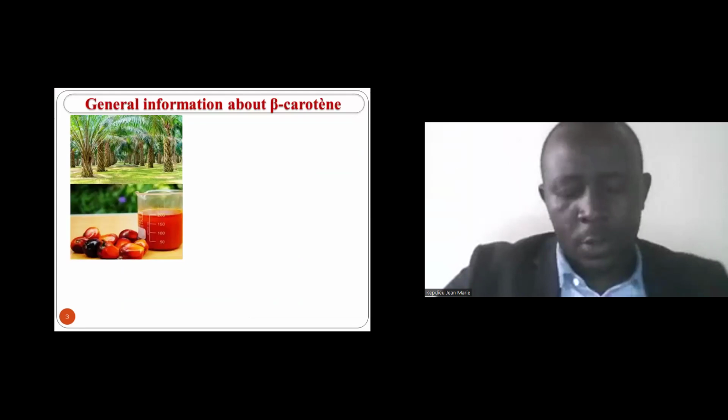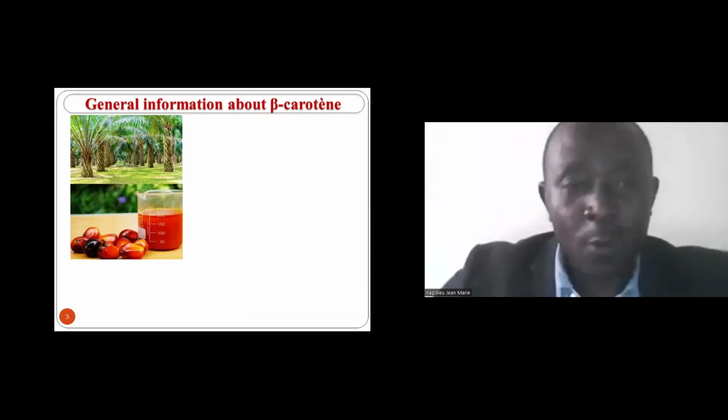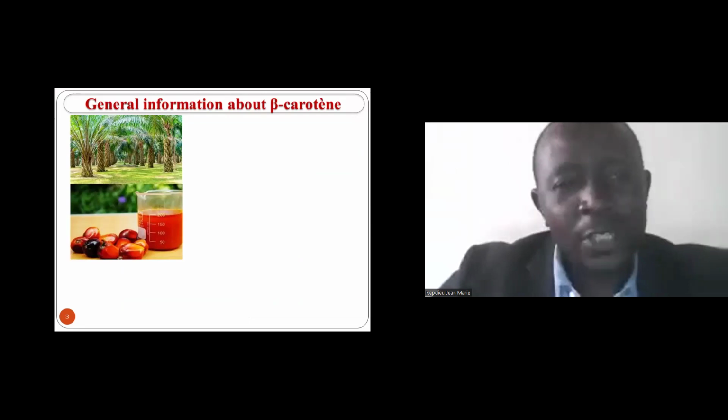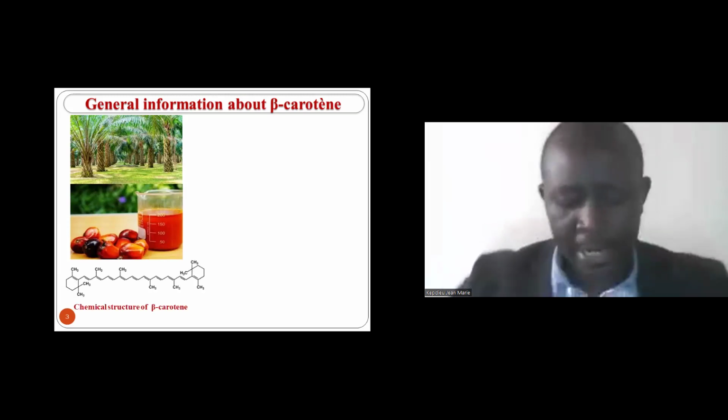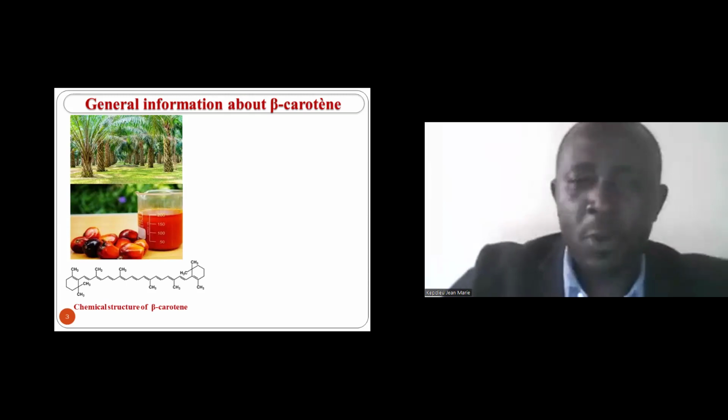With no doubt, palm oil is the most widely used vegetable oil in the world. It covers more than 40% of the worldwide production. Its deep color is due to the presence of beta-carotene, and that color of beta-carotene is due to a conjugated double bond system in the molecule.